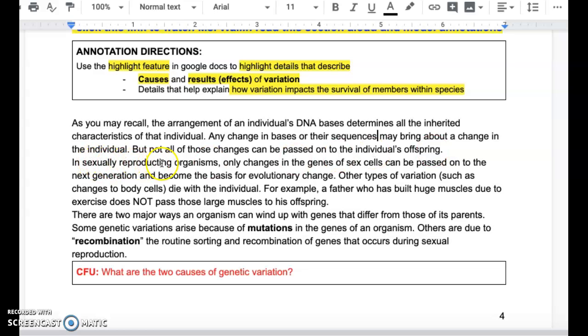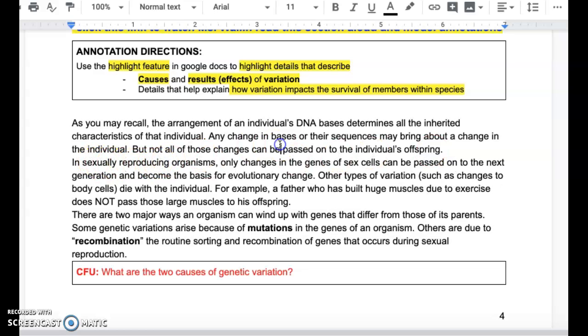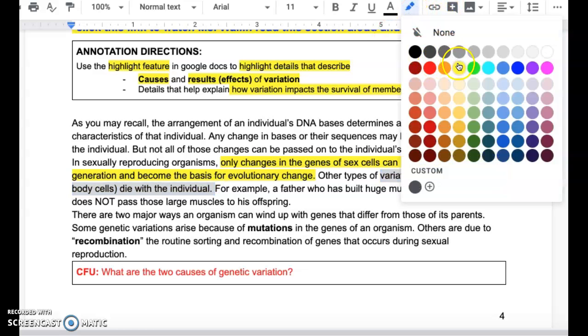In sexually reproducing organisms, only changes in the genes of sex cells can be passed on to the next generation and can become the basis of evolutionary change. You should highlight that. Other types of variation, such as changes to body cells, die with the individual.